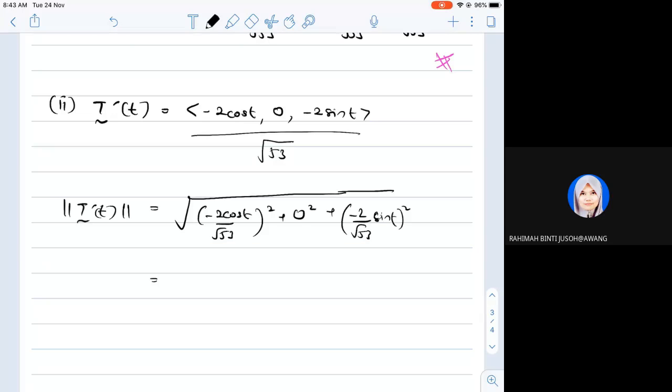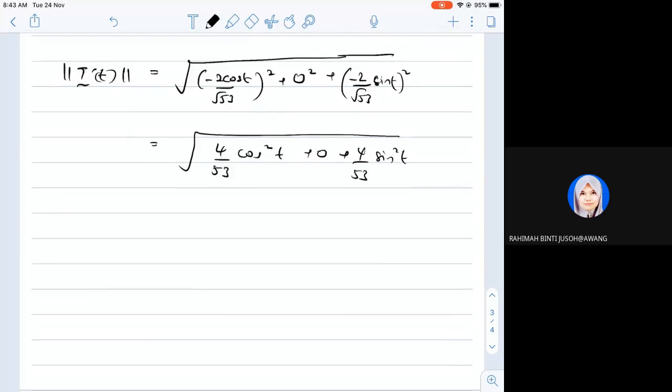So negative 2 over square root 53 squared is 4 over 53 cos squared t, and then plus 0 plus 4 over 53 sine squared t.